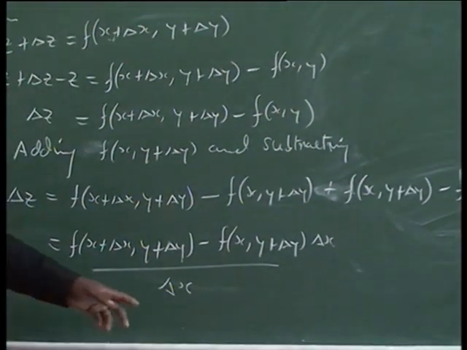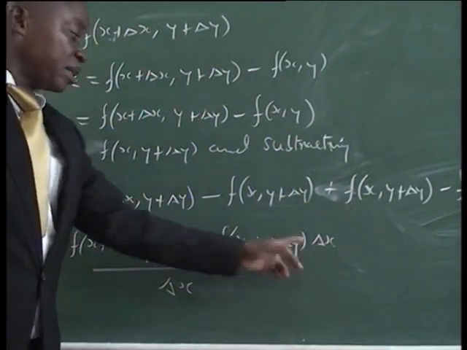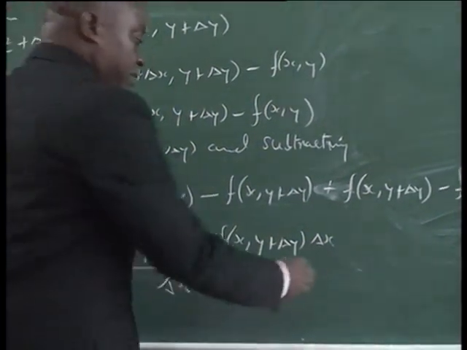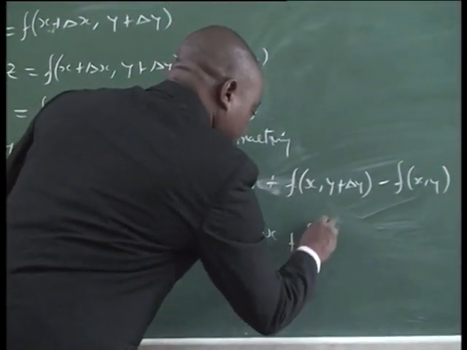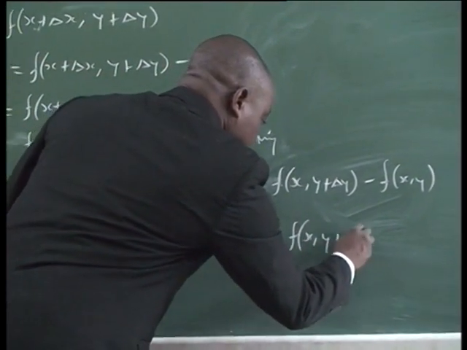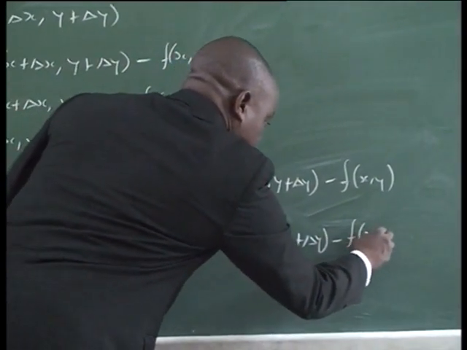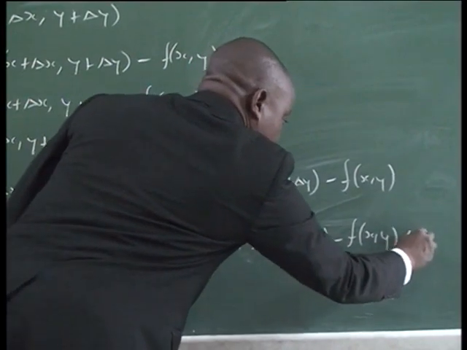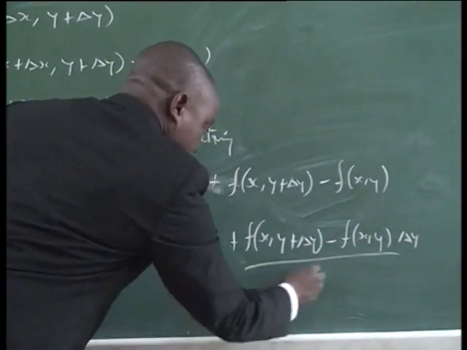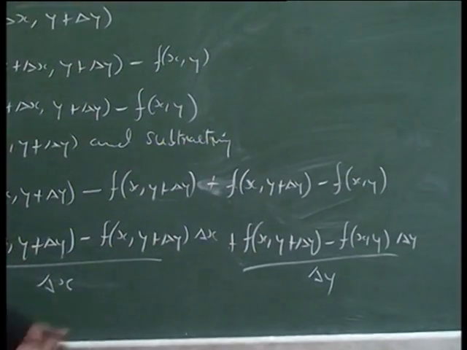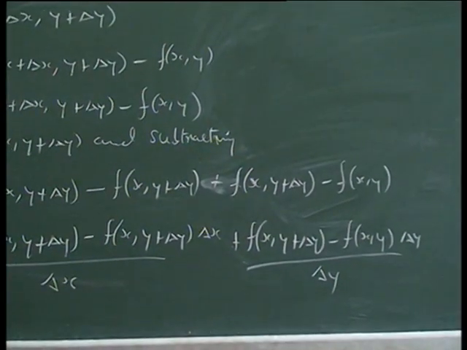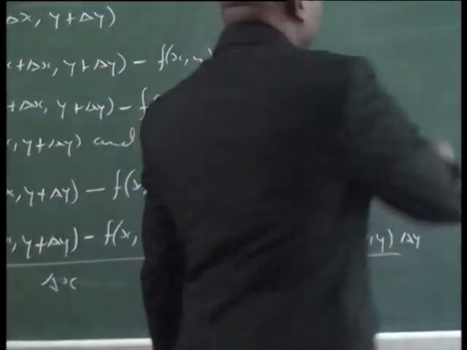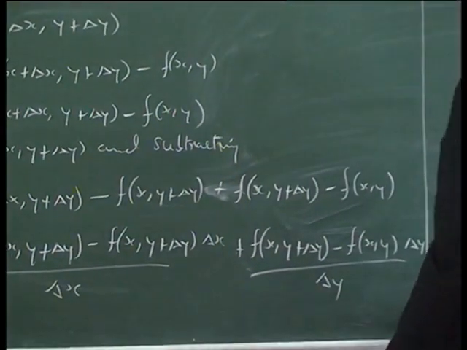There's nothing wrong there, because if I cancel here, I'll still get back here. Plus I have f of x, y plus change in y, minus f of x, y, then I have change in y over change in y. Look at that, it still becomes the same, because this can cancel this. But there is what I want to use it for.